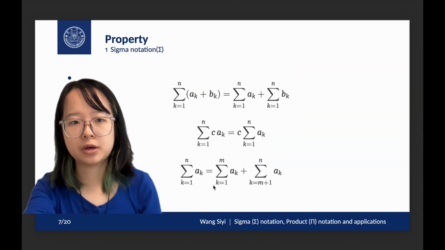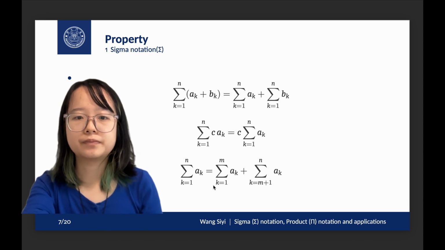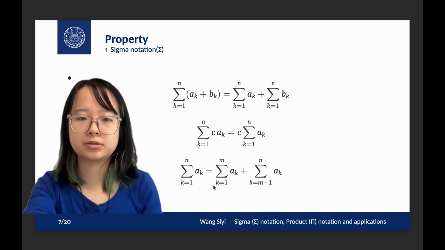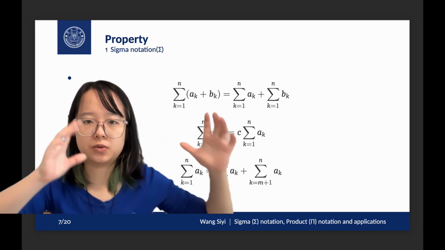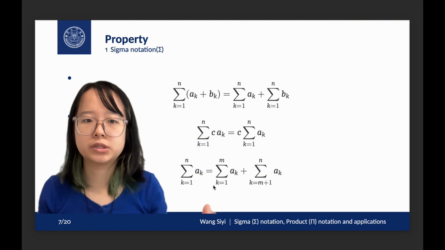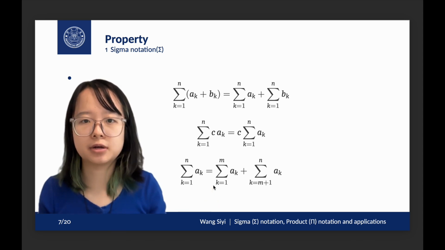About the properties of sigma notation, we can see as follows. The sigma notation of 2 can be written as 2 separately, because the sigma notation is truly a summation, and summation is linear.